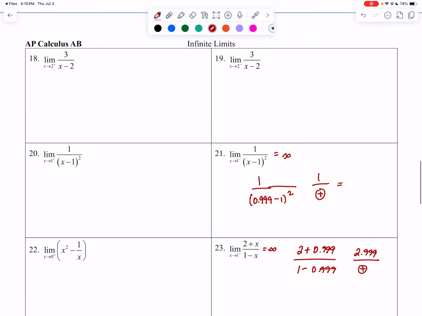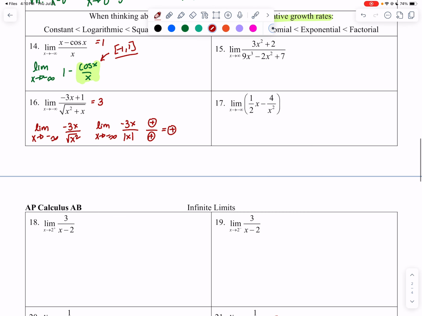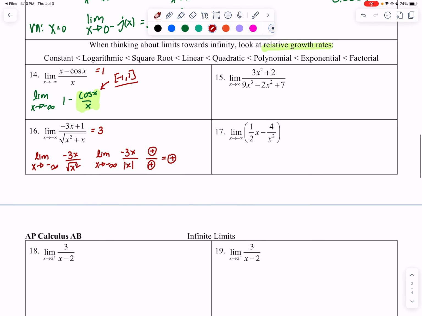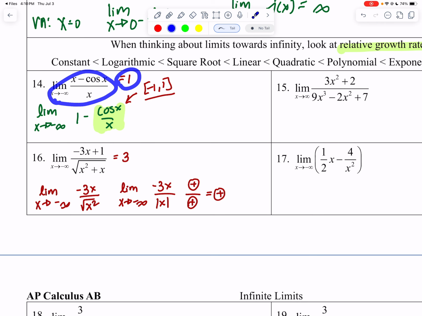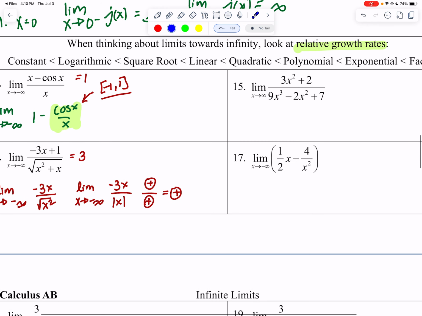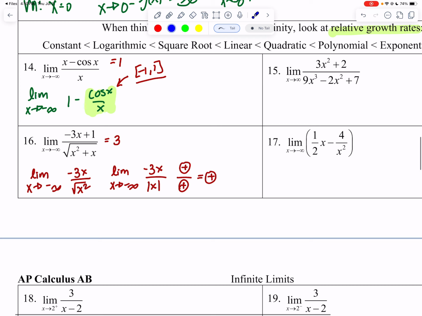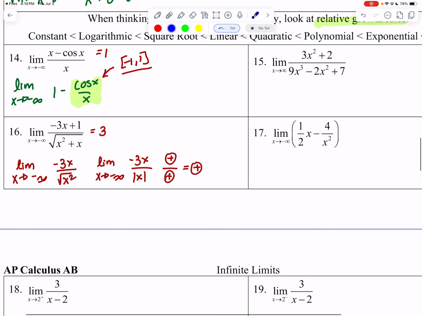Or looking at, let's say, number 14 and 15 here. 14, this is saying that we have a horizontal asymptote at y is equal to 1. Or 15 here, we have a horizontal asymptote at y is equal to some number. Same thing with 16. We have a horizontal asymptote at y is equal to 3. And then same thing for number 17. We have a horizontal asymptote at so and so.